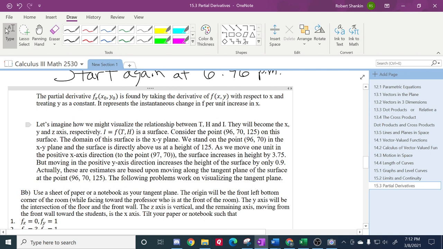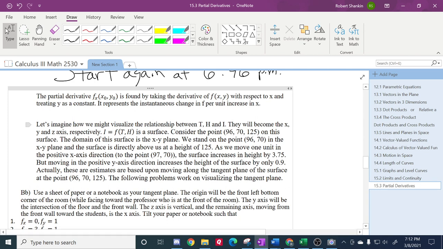We stand on the point 96, 70 in the xy plane, and the surface is directly above us at a height of 125. Remember again, the analogy I like to use for surfaces is we pile dirt on the floor to the prescribed heights according to this function.